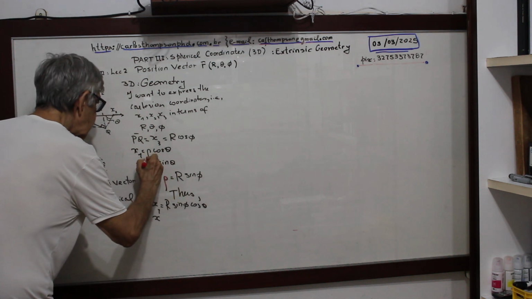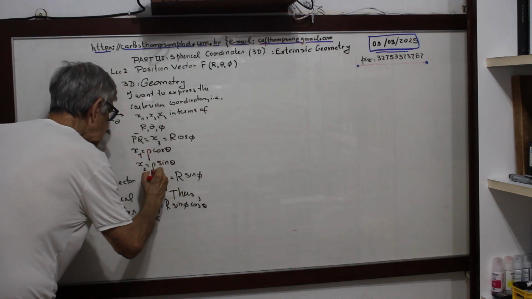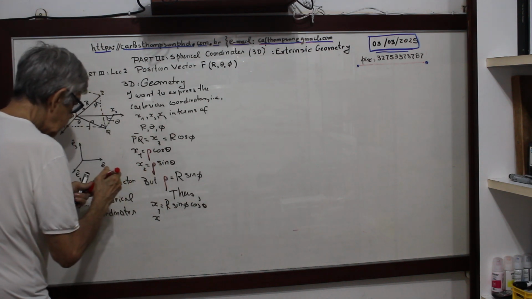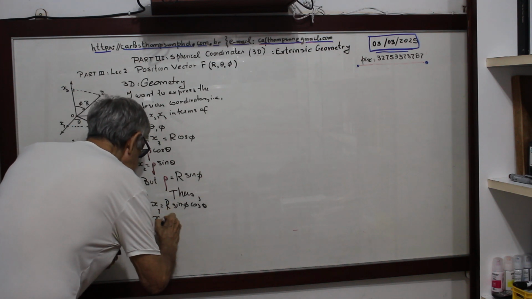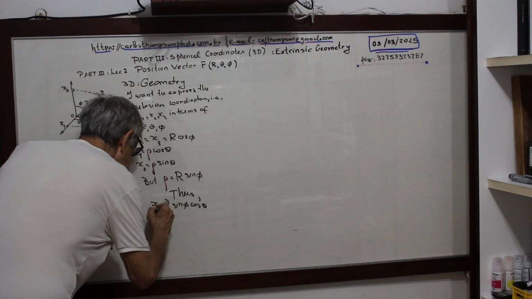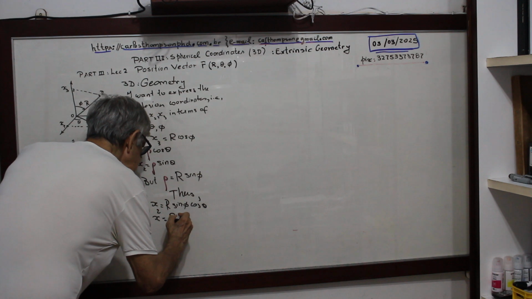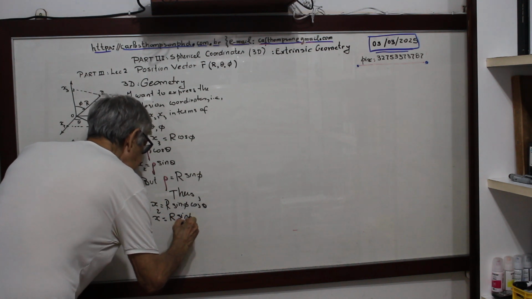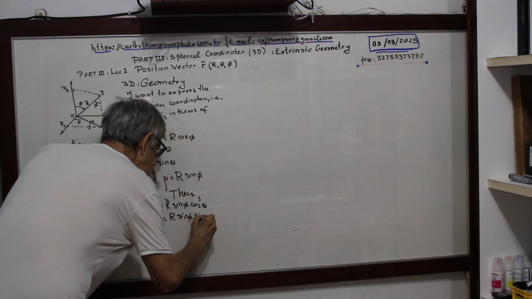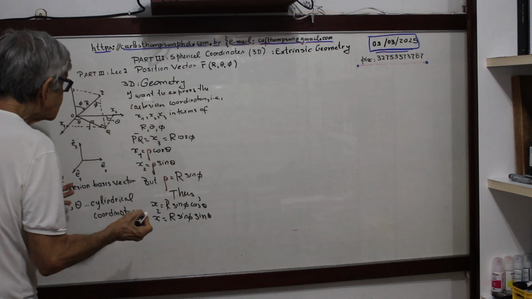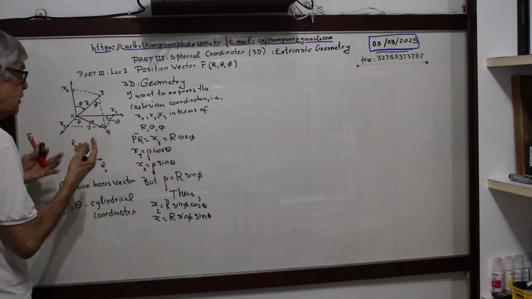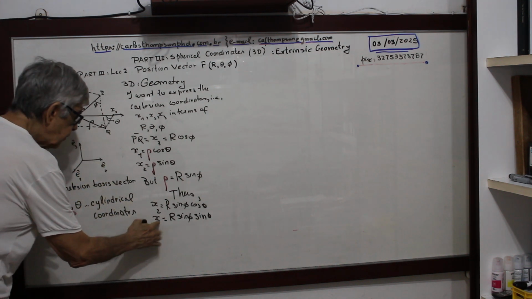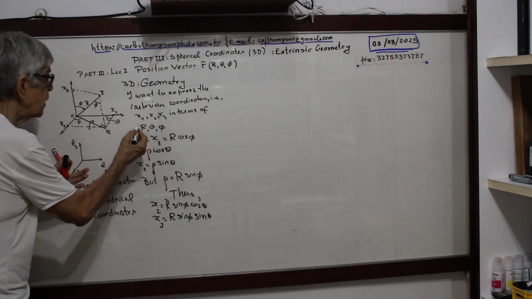This is rho. This is rho. Then x2 will be R sine phi sine of theta. So then I obtained x1, x2, and x3.